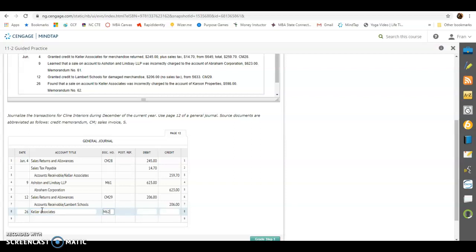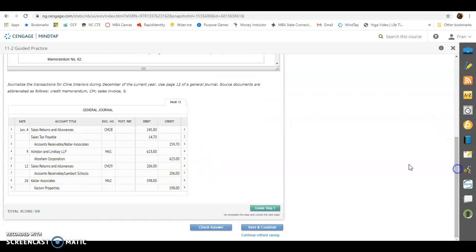Memo 62 for $598. And it was incorrectly charged to Carson Properties. So that moves it over to where it's supposed to be.